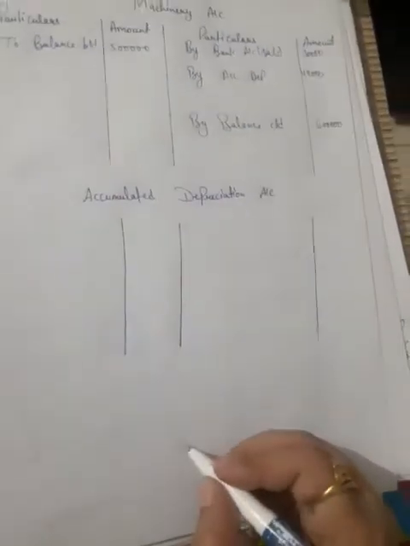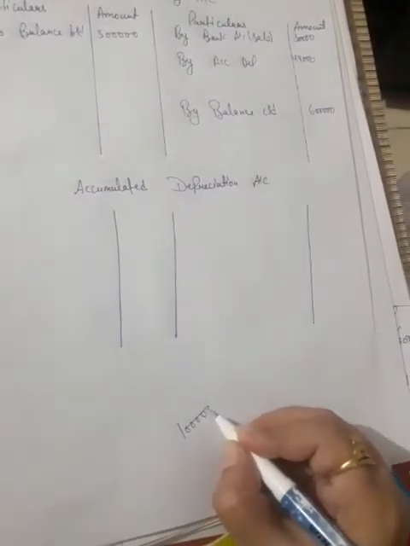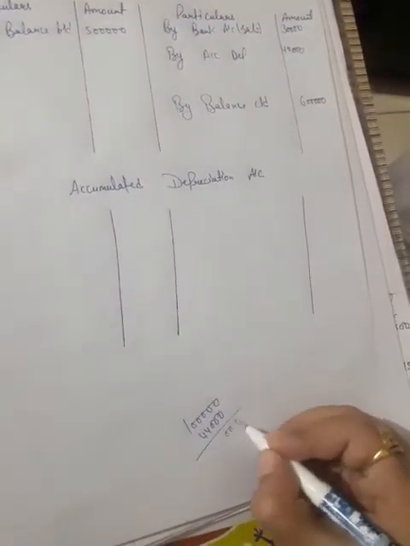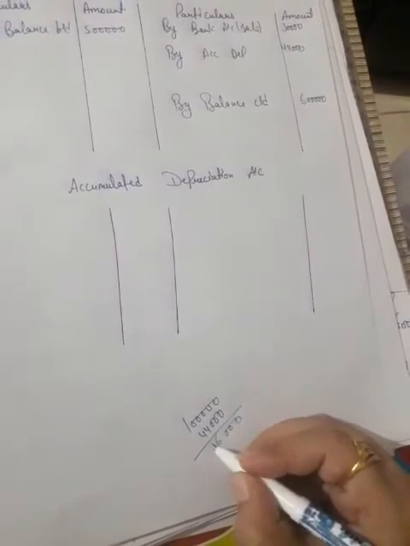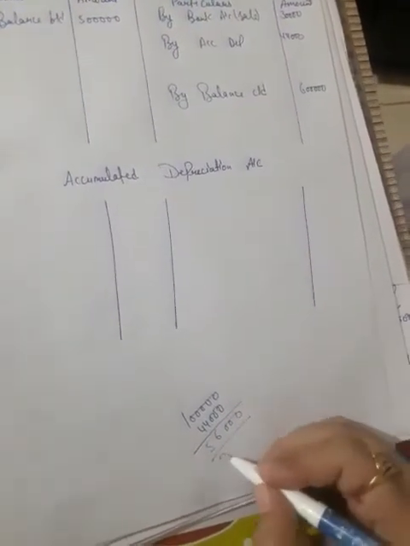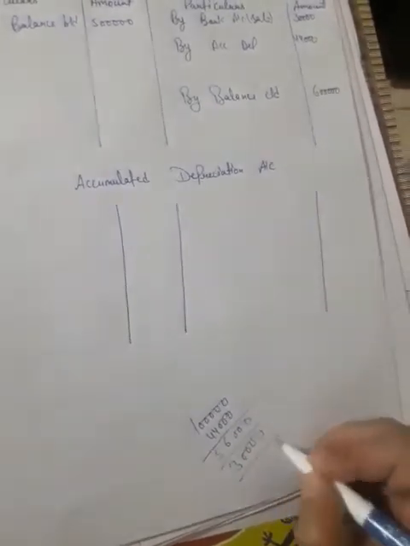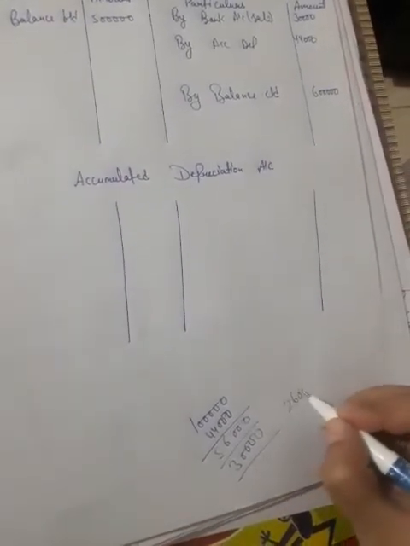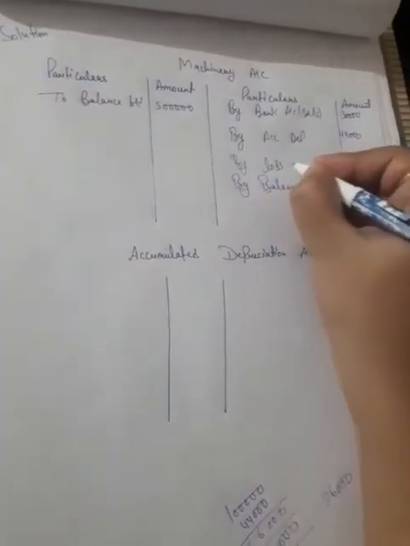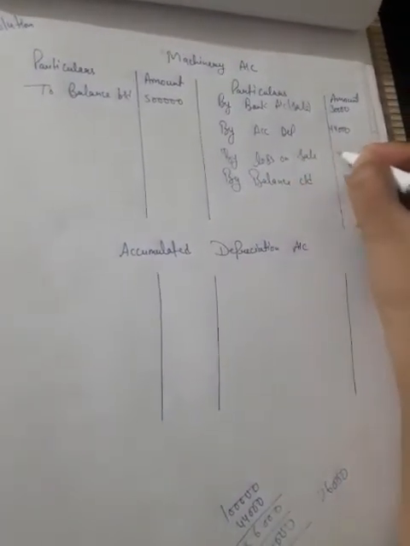So in the working note we will calculate: machinery costing 1 lakh, depreciation is 44,000. So machinery costing 56,000, sold for 30,000, so there is a loss of 26,000. Loss will be written on the credit side. Loss on sale is 26,000.